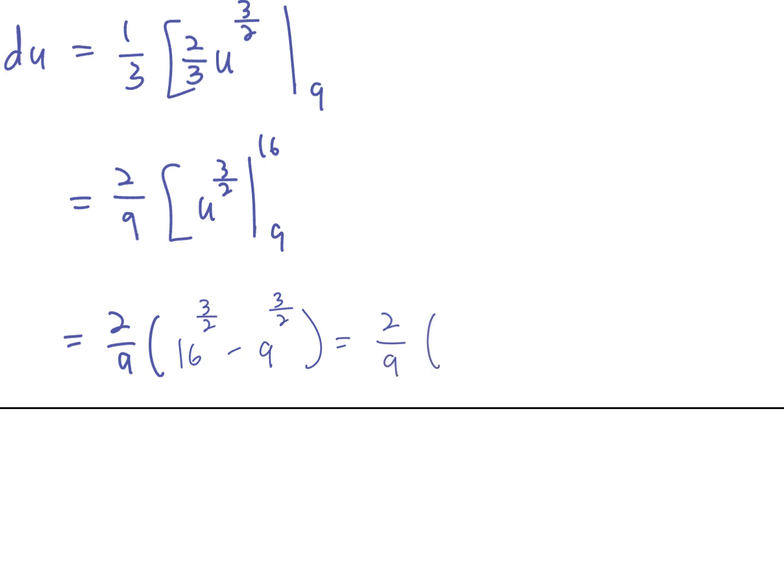Just a little algebra reminder: when you have a fractional exponent, the bottom is like the root and the top is the power. So we'll take the square root of 16, which is 4, and then raise it to the third power, 4 to the third, 64. And the same thing here, the square root of 9 is 3, 3 to the third is 27.